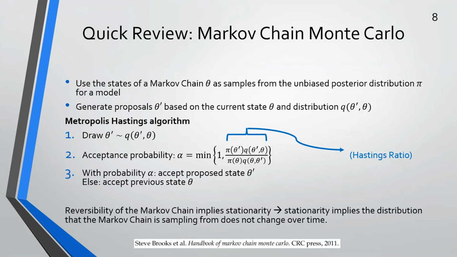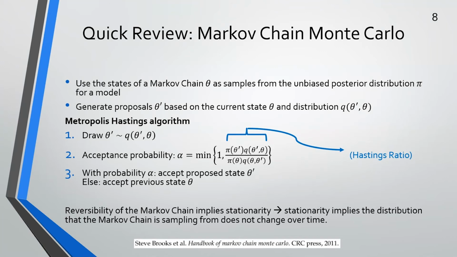And the key point in the Metropolis Hastings algorithm is that you are proposing your next state, theta prime, the next stop in the Markov chain, based on your current state, theta, and defining an acceptance probability that will give you the ability to properly sample from this posterior distribution.